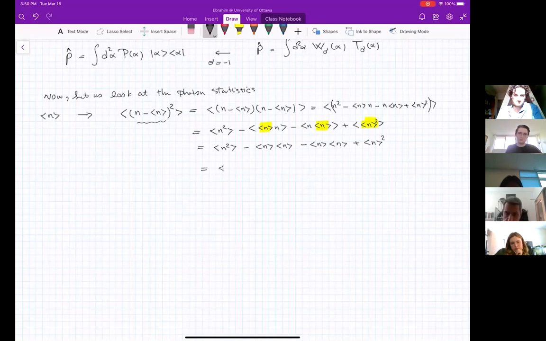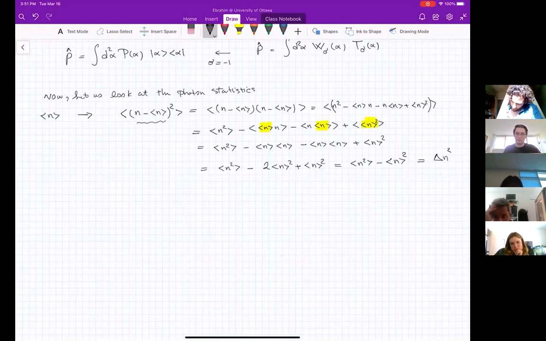And then that will be n squared minus 2n squared plus n squared, which is nothing more than the average of n to the power of 2 minus n average to the power of 2. This is the variance that usually you are familiar with. So it's delta n squared. Clear?